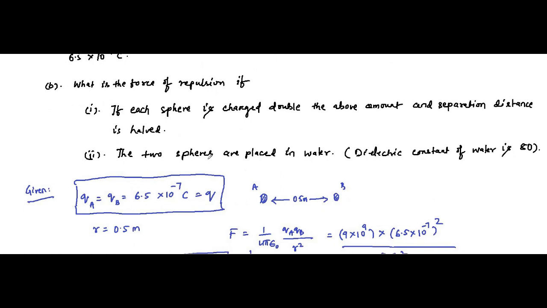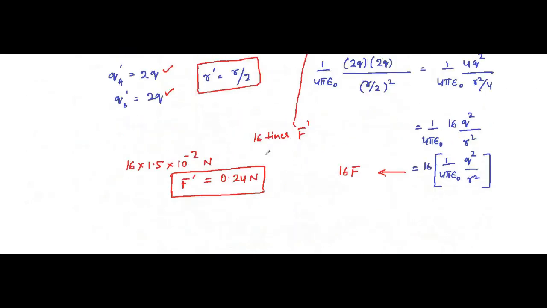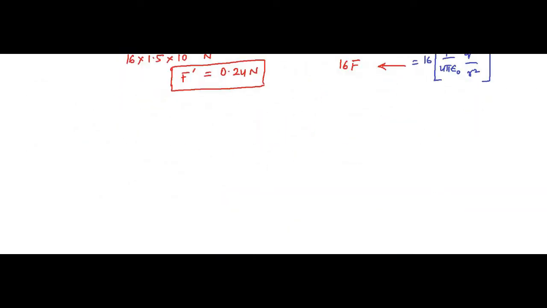Then the second part is to find the electrostatic force of repulsion when the two spheres are placed in water. Now we know that Coulomb's law is expressed as the electrostatic force of attraction or repulsion between two charges, 1 by 4 pi epsilon 0 q1 q2 by r square.